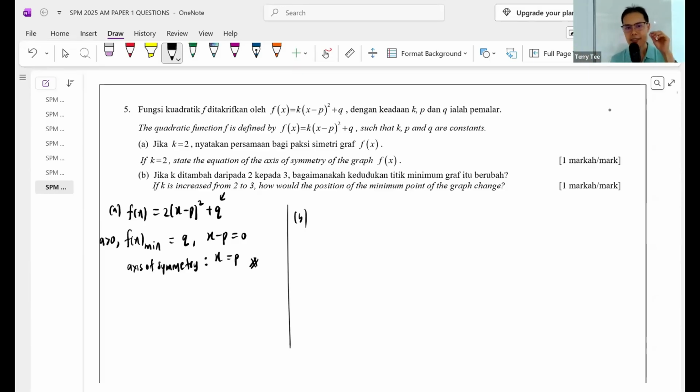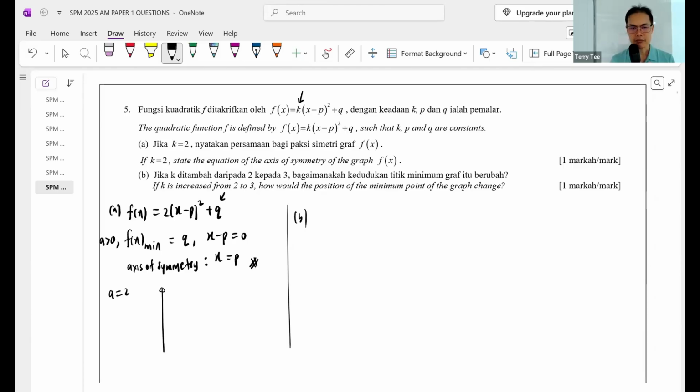All right, next, if k is increased from 2 to 3, how would the position of the minimum point of the graph change? I want to ask you a question. How does k affect anything? k in this case represents your a, and it affects the gradient. So, this is not the answer, but just so you know, let's say my a is 2.